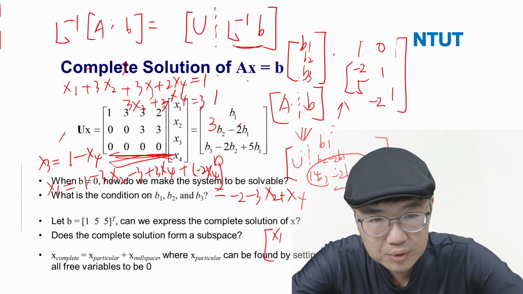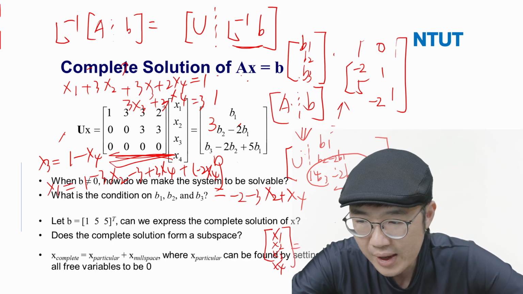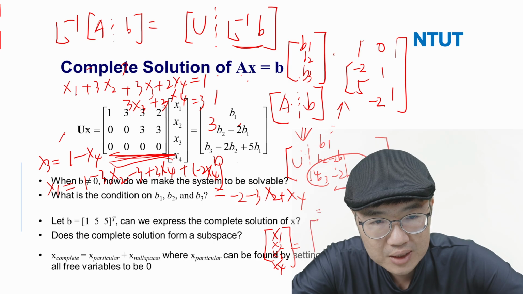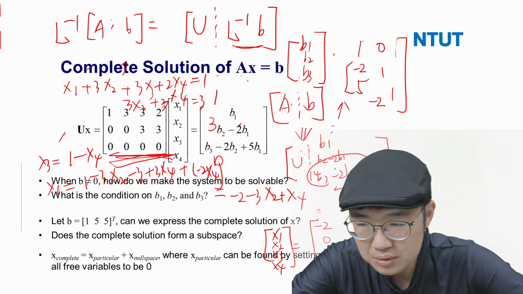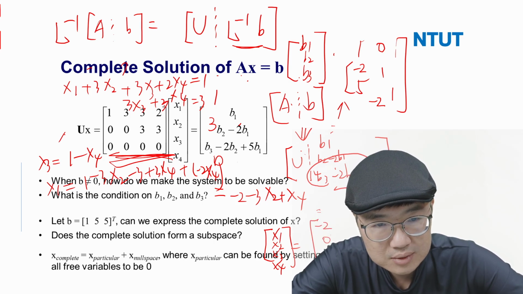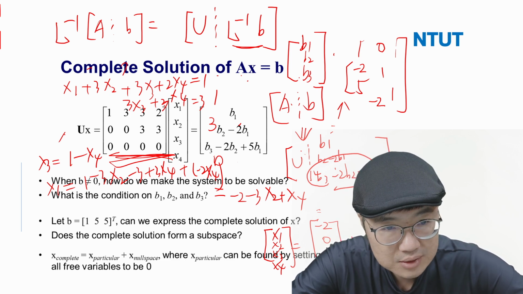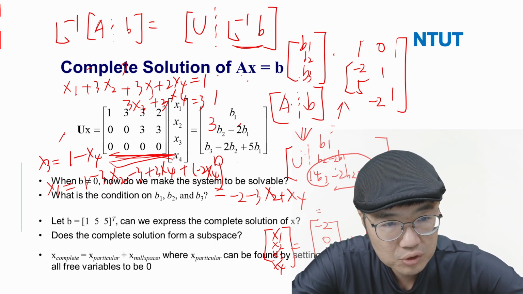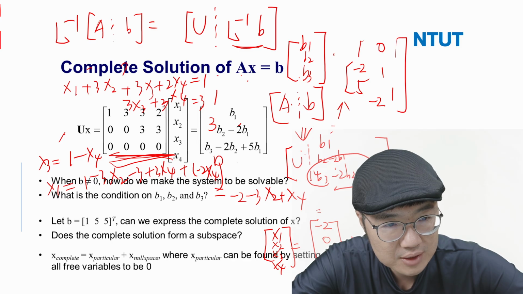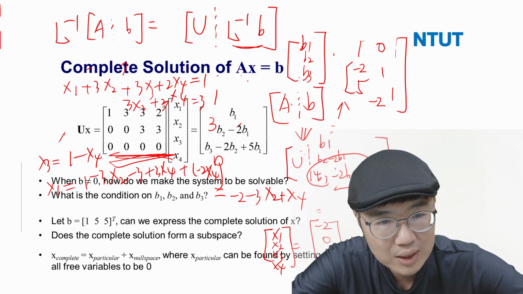So once we express x1, x2, x3, and x4 as a matrix form, it becomes minus 2, 0, 1, 0 plus x2 times minus 3, 1, 0, 0 plus x4 times that second vector 1, 0, minus 1, 1.